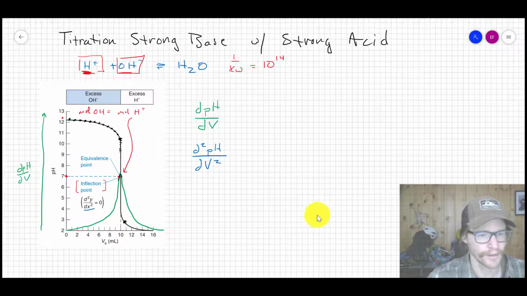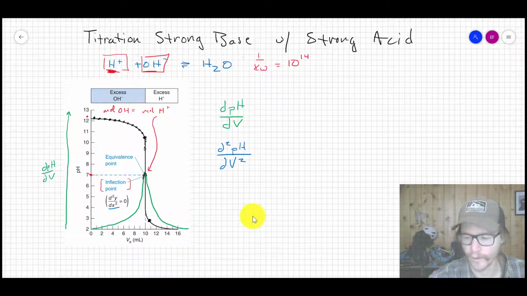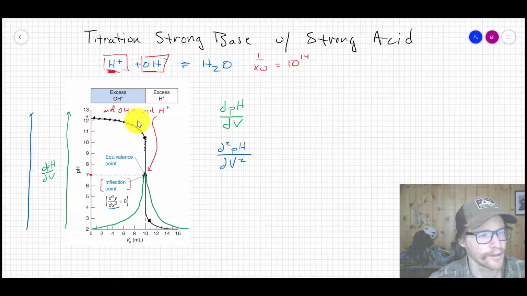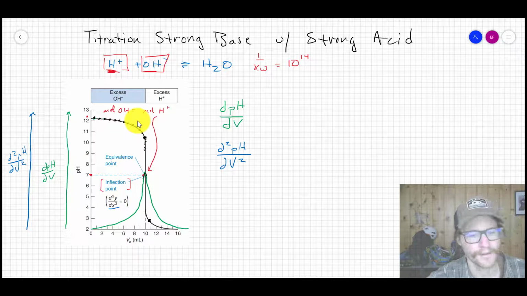So let me move this over so that we have a little bit more room. So to do that, all we would do is just compute the second derivative and then plot that directly on top, which would be the second derivative, d²pH/dV². Then we would still plot the volume on our x-axis.